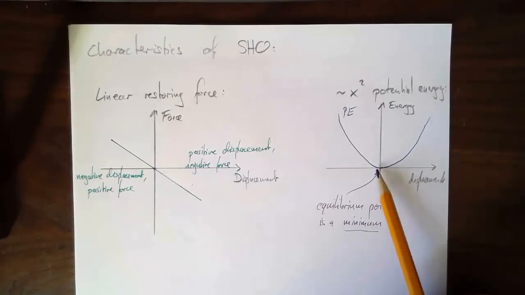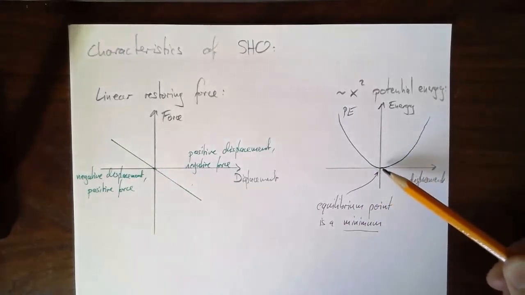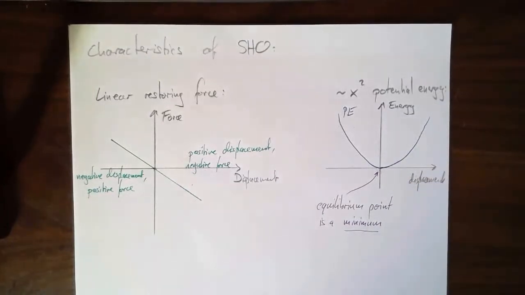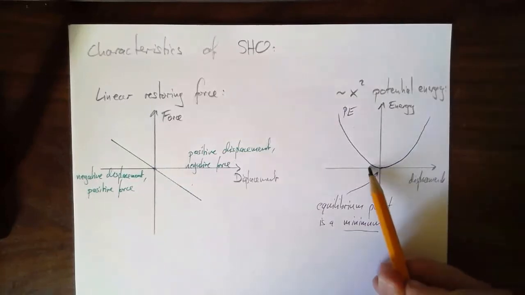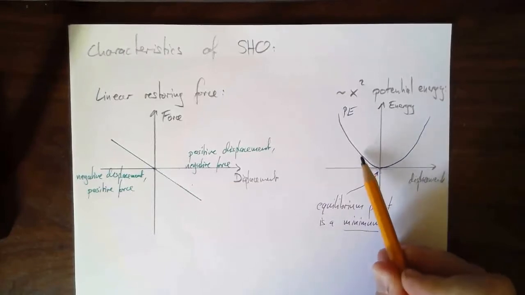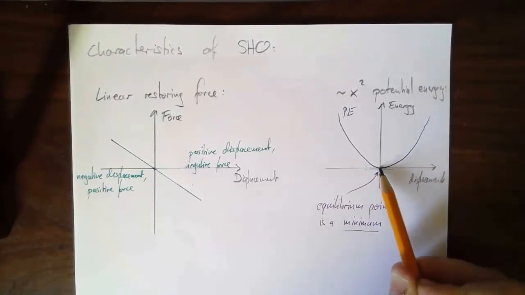Now here the value is given to be 0, but that's not very important because I could just shift the whole graph up and down. It doesn't do very much because only ever potential energy differences matter. What's crucial though is that the slope right here is 0, right? It's flat. Specifically, it's not just flat, it's a minimum. The function of the potential energy against displacement has a minimum at the equilibrium point.